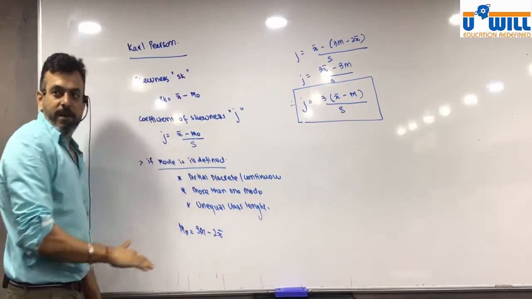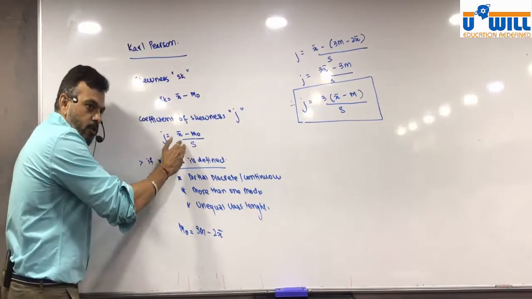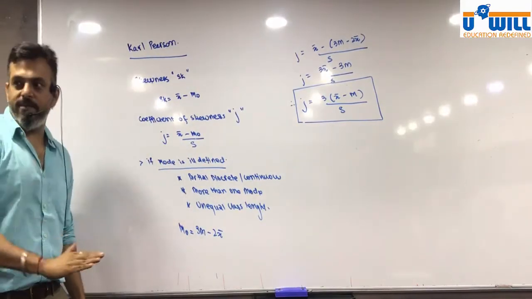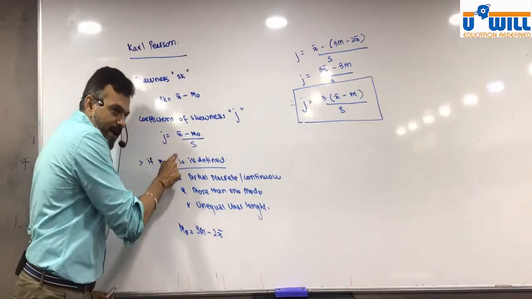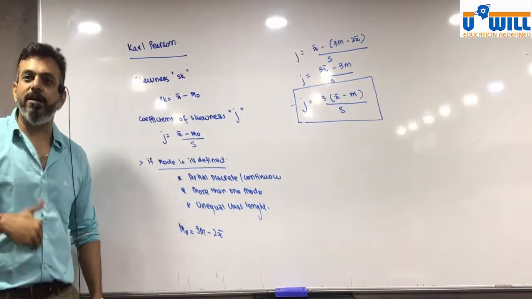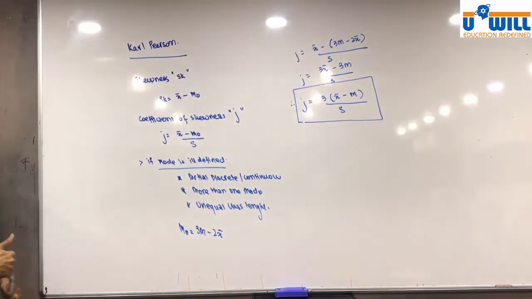So less the symmetry, therefore more the value of j, more the skewness, so less the symmetry. Less the value, less the skewness, more the symmetry. समझ में आ रहा है? Okay? When we compare, we'll see this.